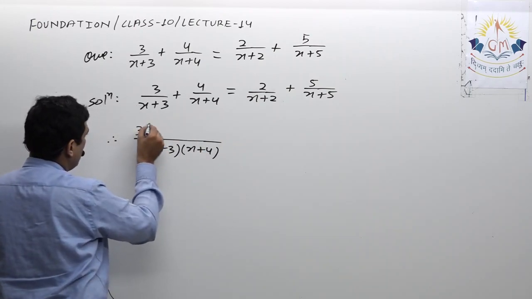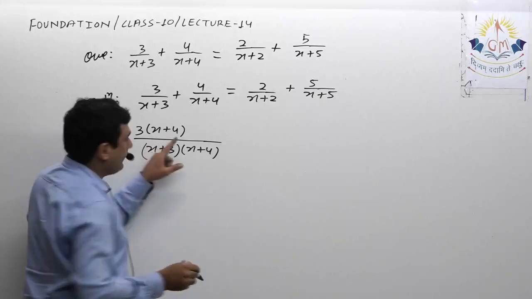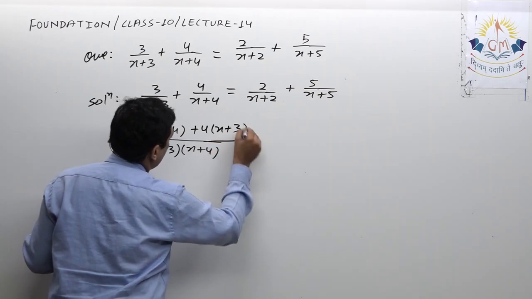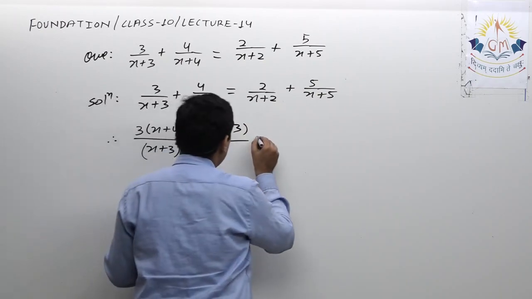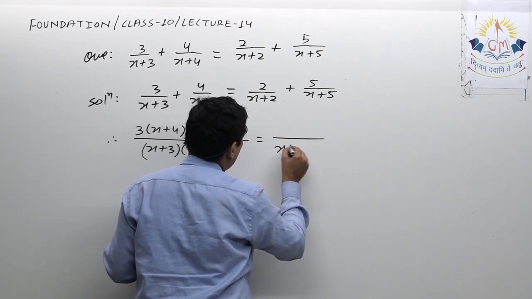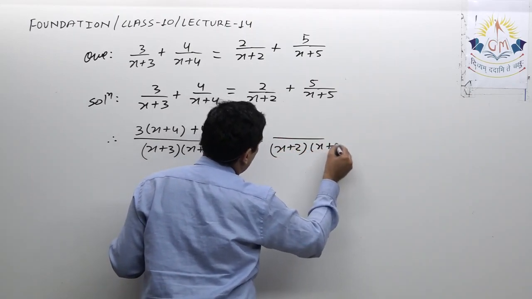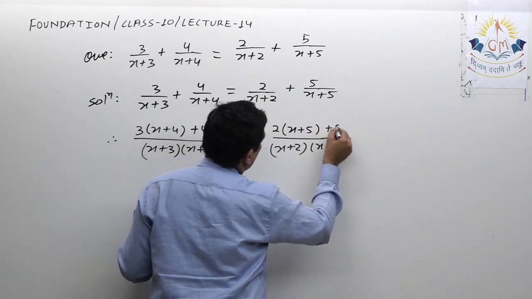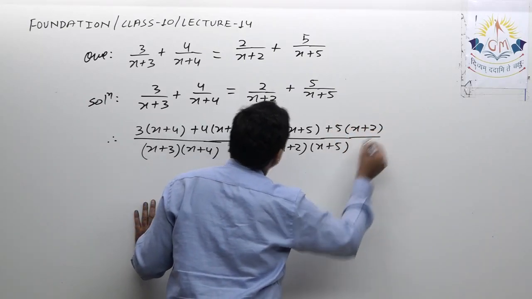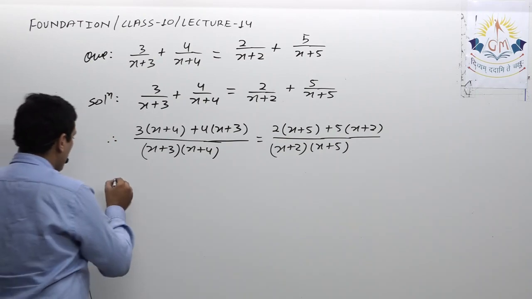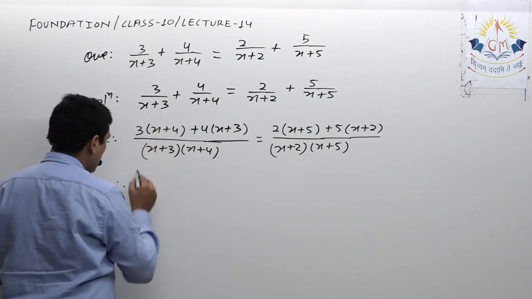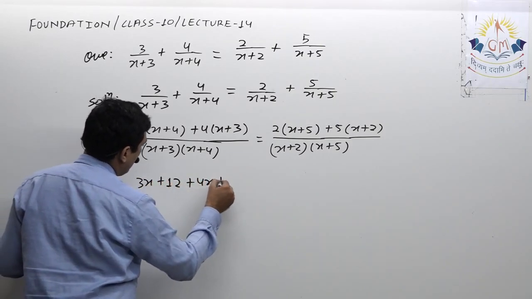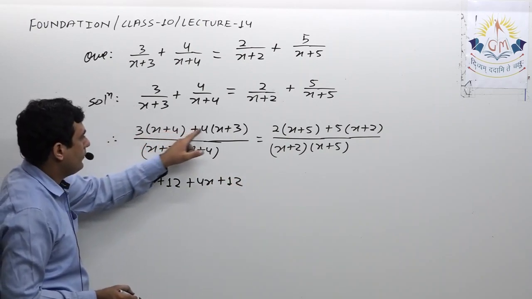Okay, so here I get 3 multiplied by x plus 4 plus 4 multiplied by x plus 3, is equal to, here I have x plus 2 into x plus 5, and over here 2 multiplied by x plus 5 plus 5 multiplied by x plus 2. Okay, simple cross multiplication. So now in the numerator on the left hand side it is 3x plus 12 plus 4x plus 12.